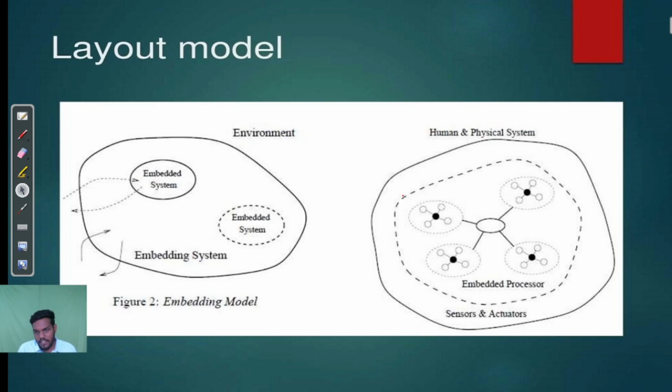The sensor collects data from the environment and transmits it to the control unit, and the processor uses that data and gives the required output as designed.